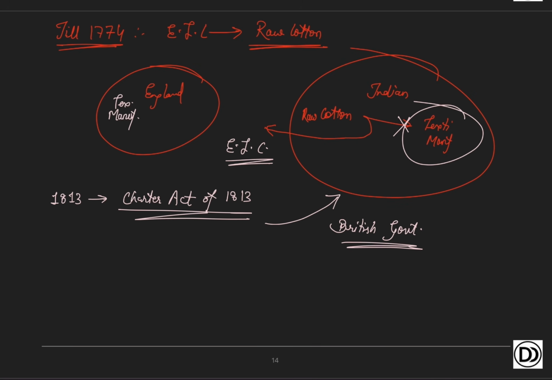This happened in 1813. So till 1774, this was the case when raw cotton was the only exception. Everything made out of cotton, like the textile, was banned to be imported from India to England. But after 1774, Calico Acts were repealed. So what happened was that in 1813 the British government started imposing tariffs on the import of Indian textiles to England.